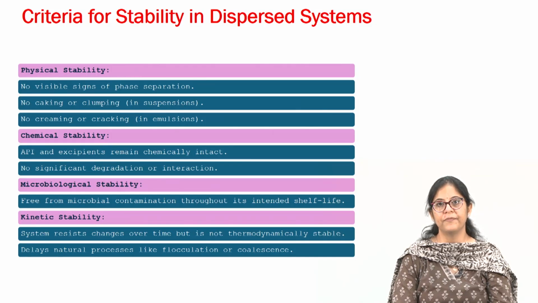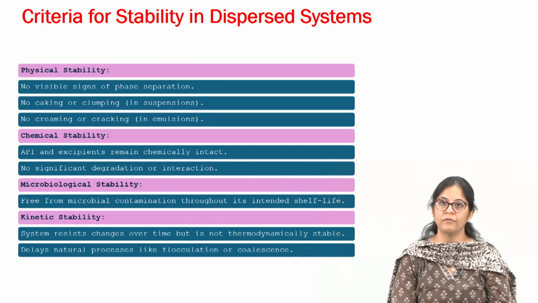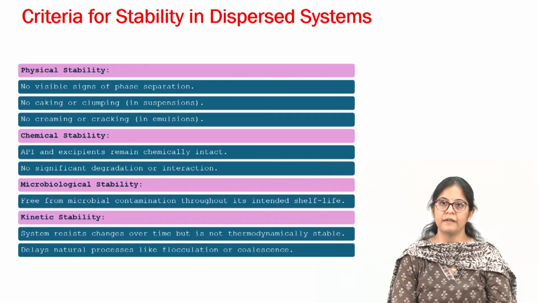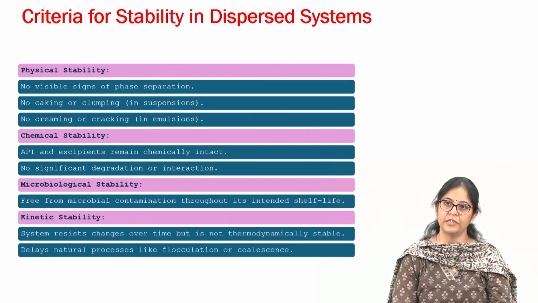Chemical stability, that is the API and excipients should remain chemically intact and should not interact with each other or degrade. Microbiological safety, it should be free from microbiological contamination throughout its intended shelf life. Kinetic stability, the system resists change over time but is not thermodynamically stable, delaying natural processes like flocculation or coalescence.